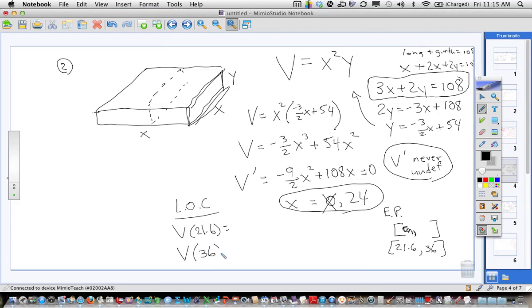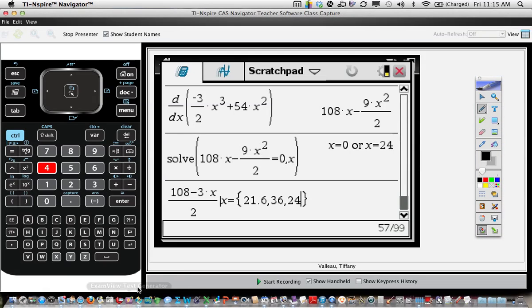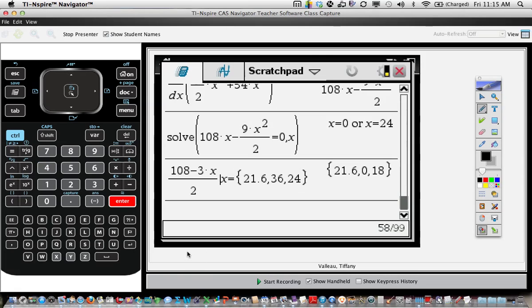And then V of 36, and 24. Okay, so we're going to plug those in: 21.6, 36, and 24. And 36, of course, is 0 because we use all of it for x, so that makes sense that one's going to be 0.